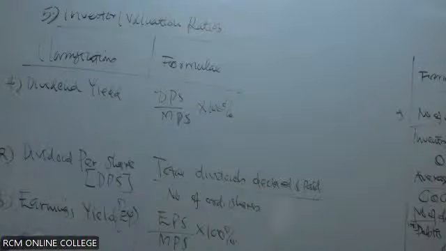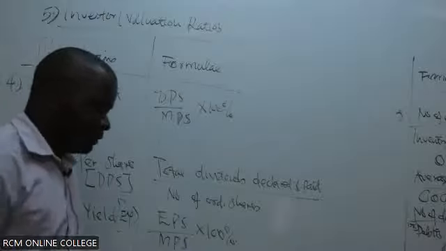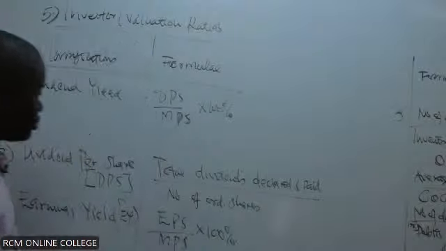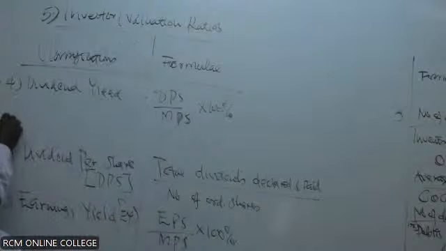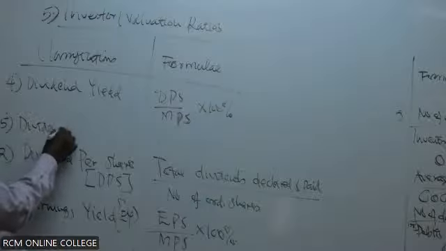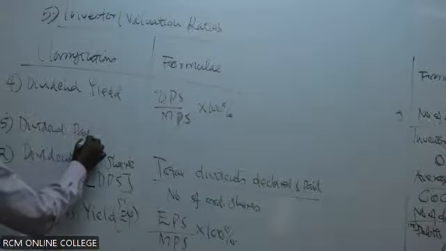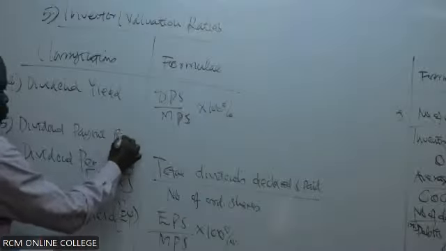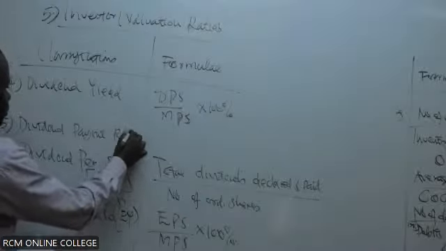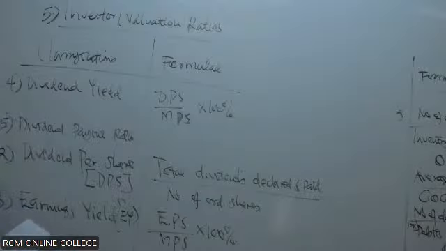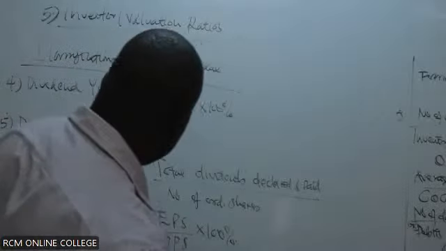Then we can have the dividend payout ratio, number 5. So how do you get the dividend payout ratio?